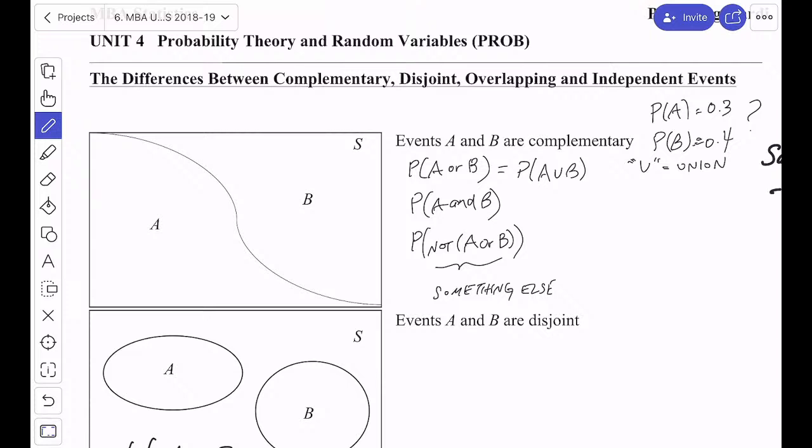Is it a 10% chance, a 50% chance of A or B happening? So if I just put myself here, what's the chance of A or B? It means to be an either A or B.